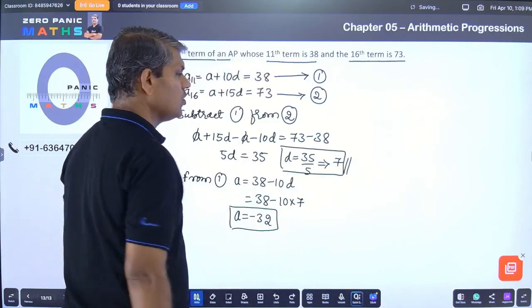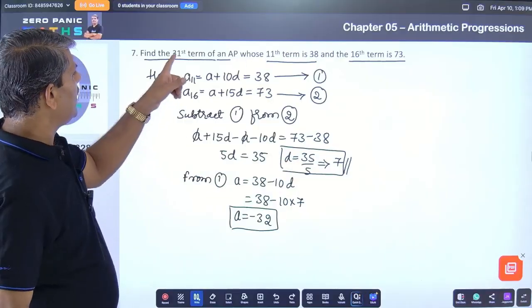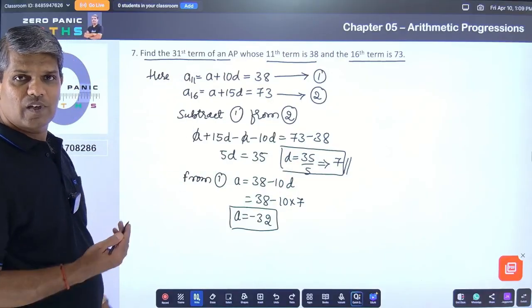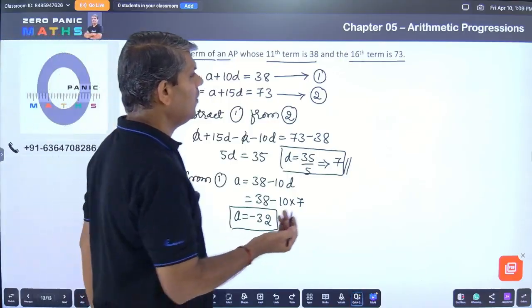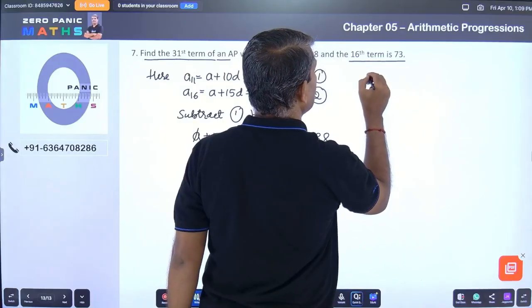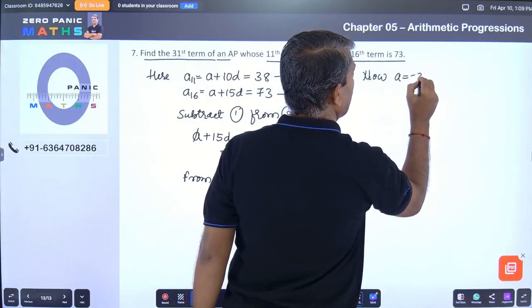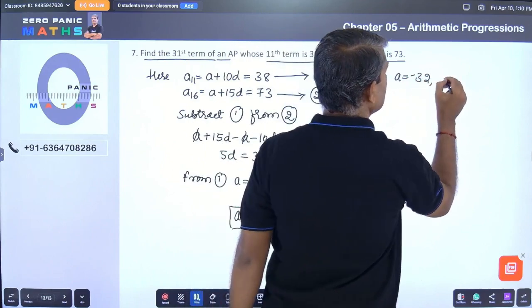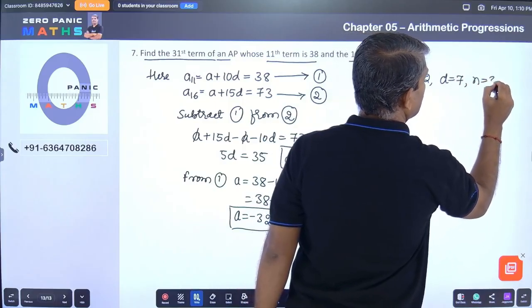So with the value of A as minus 32 and D, can we find out A31, right? A31, because n is equal to 31 in that case. Okay, let us do that. A is equal to minus 32 and D is equal to 7 and n is equal to 31.